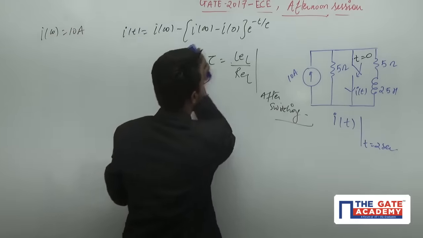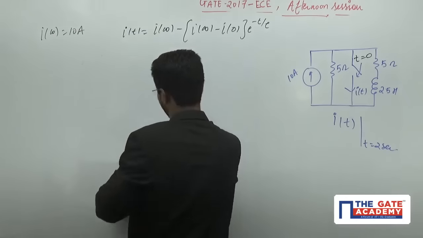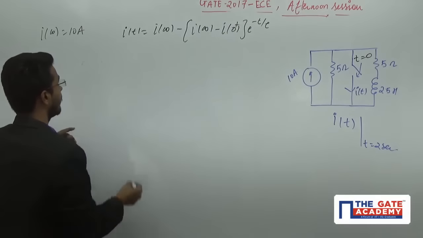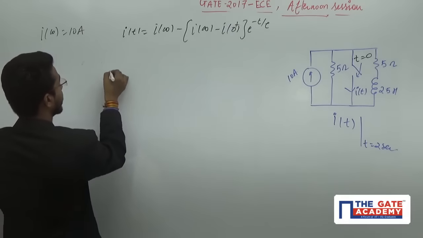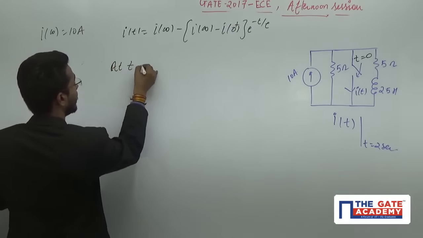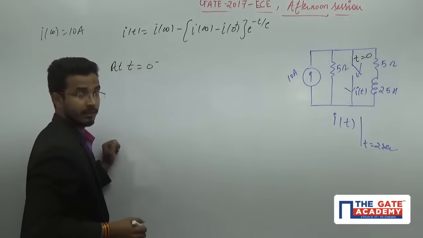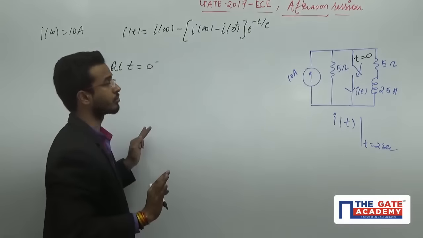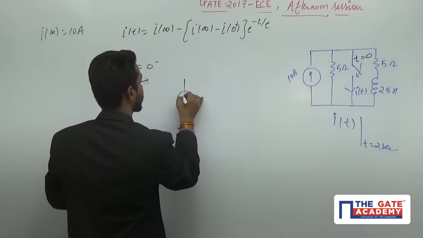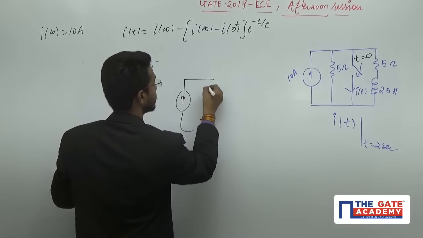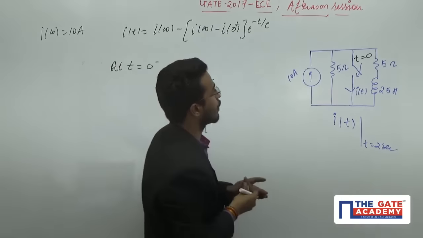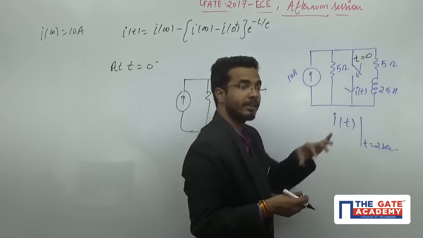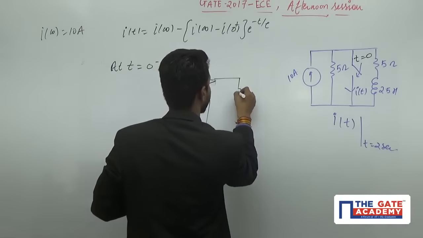Now, for getting the value of I of 0, basically this is I of 0 plus, we will draw the circuit at t equals 0 minus. That means this switch was open at t equals 0 minus, and this switch was open since a long time. That means this inductor has achieved its steady state.